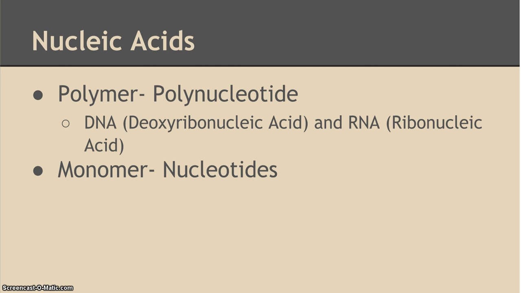And DNA stands for deoxyribonucleic acid, and RNA stands for ribonucleic acid. Now, the sugar in DNA is deoxyribose, where in RNA it is ribose. So you can kind of see that when we write out the full word. But make sure you take note of that because that's going to be important when we get to the monomer here in just a second.